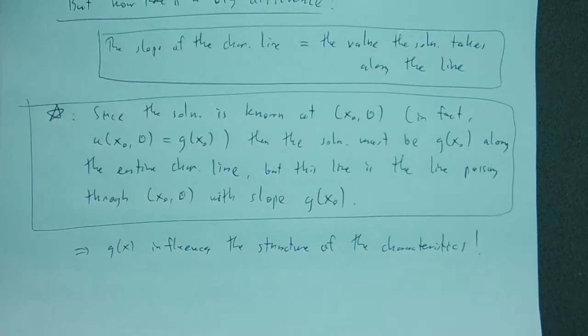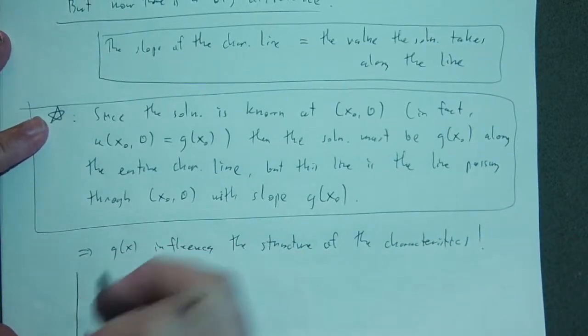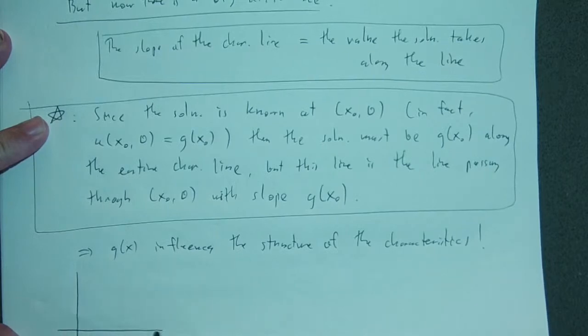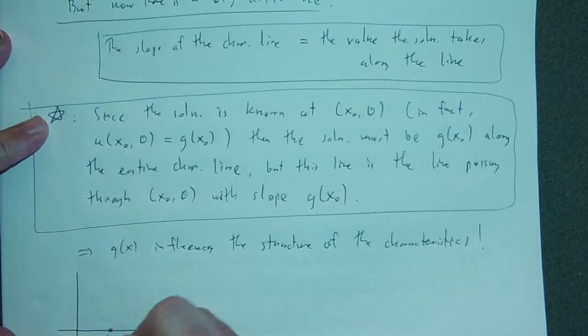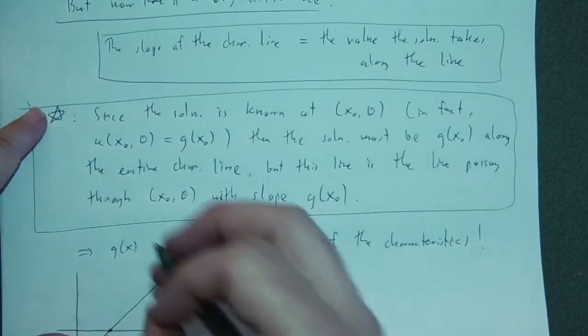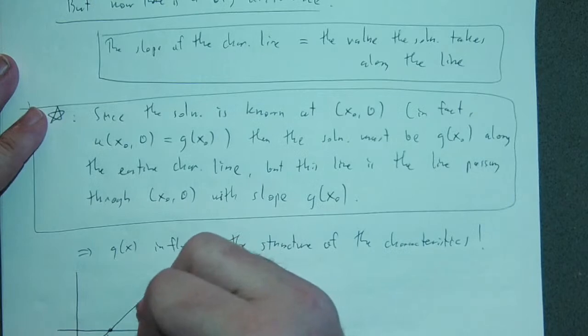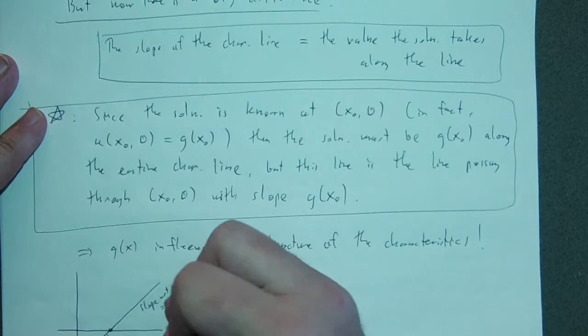So, in fact, let's see what happens at a point x naught, 0. The characteristic line through this point is the line with slope g of x naught. So this line has slope with respect to t equal to g of x naught.